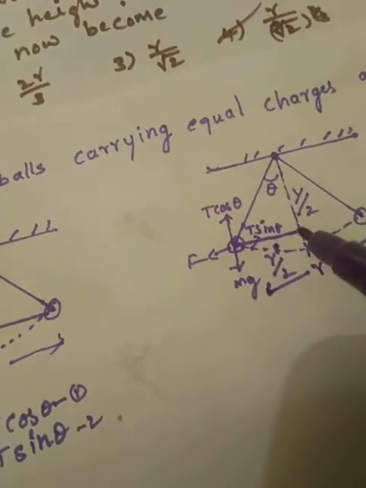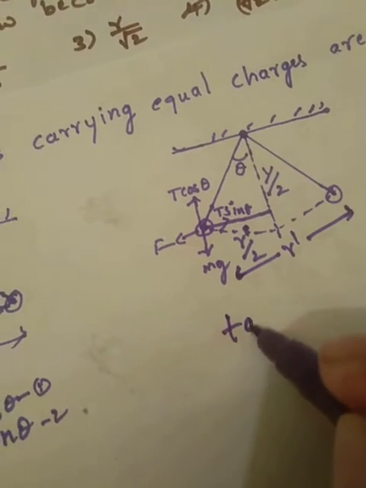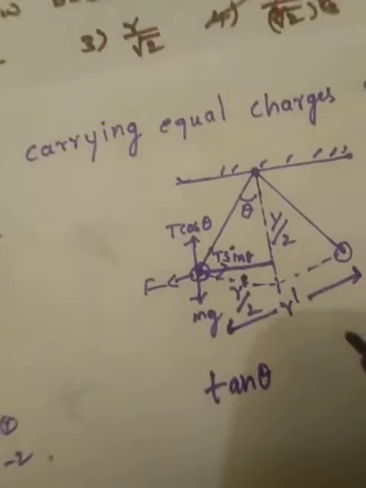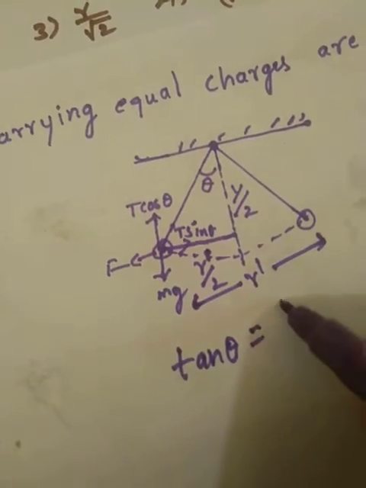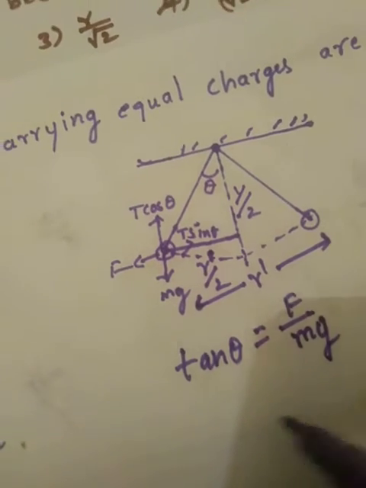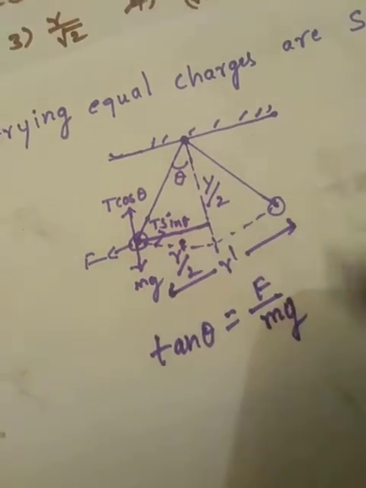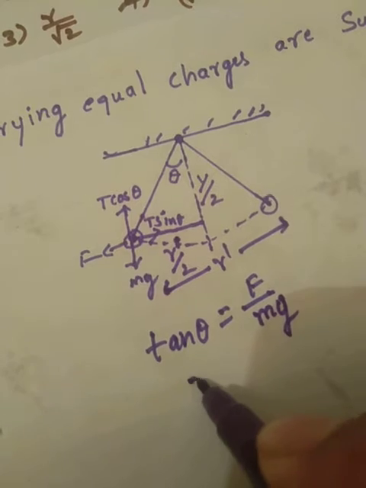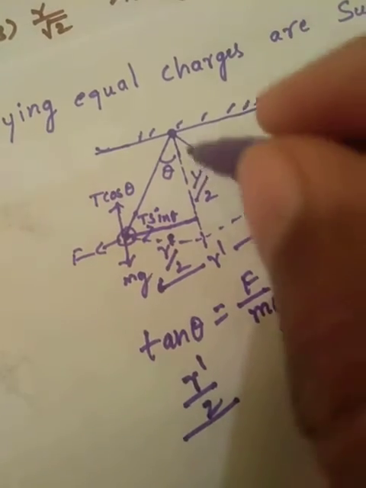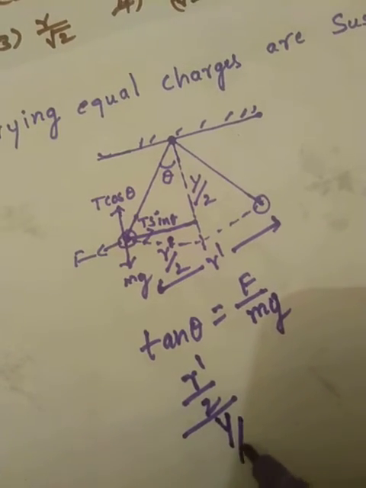In the second case, see the figure. Again we can define tan theta in the same manner as we did here. Tan theta is equal to F divided by mg. So tan theta is the opposite side divided by the adjacent side. Opposite side will be r dash by 2, all divided by the adjacent side, it will be y by 2.